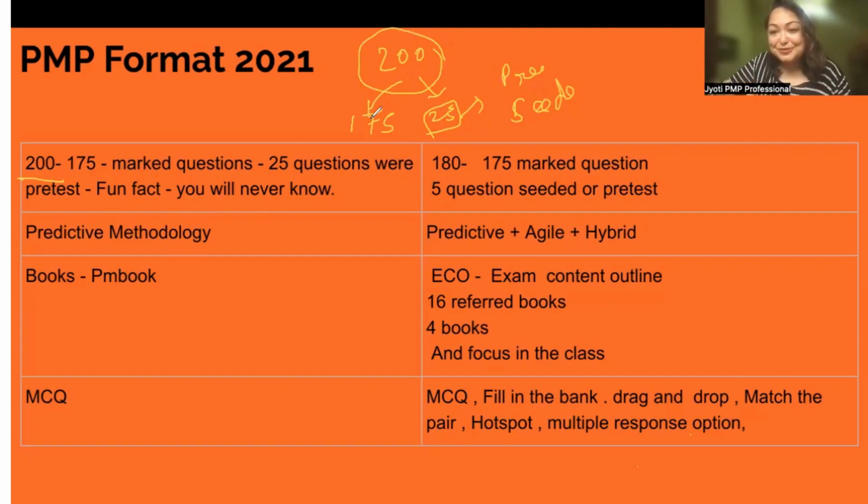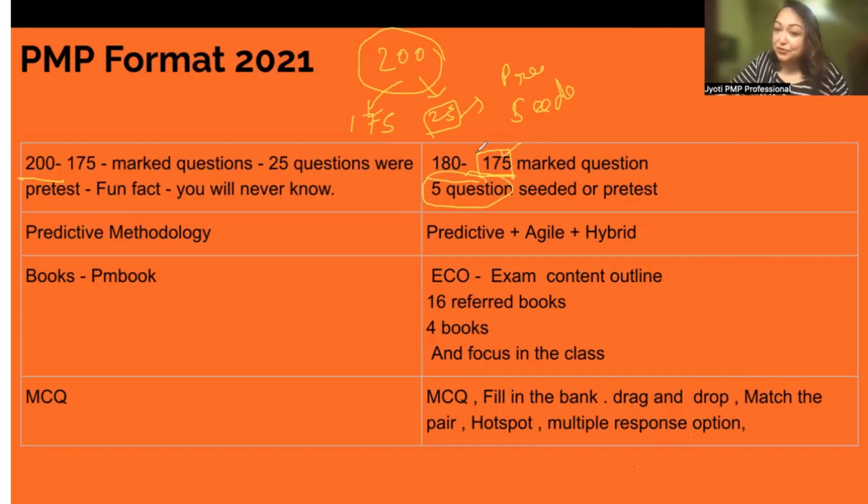Normally, according to the legend, PMI takes 25 questions that are super easy or super hard and removes them. So pre-test questions could be anyone. Now, the good part is you have only 5 seeded questions. So you will be marked on 175. That is a good thing because the proportion on which you will be marked is much higher.